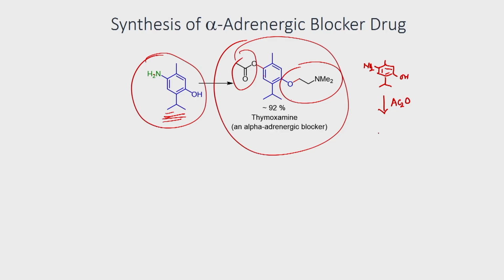And when you react with acid anhydride, it can undergo acylation. You get this amide. Once you have this one, now you can react with the base.